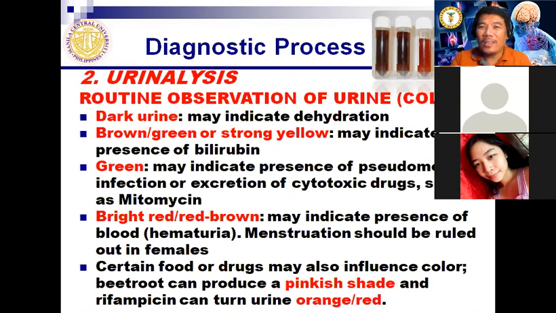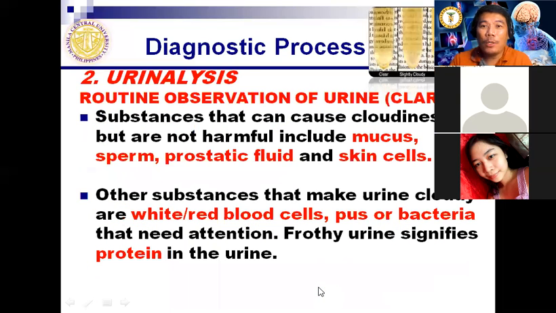Are you taking anti-TB drugs? If that information is retrieved, it will be very helpful in giving an immediate response and attention to that specific client. Next, other than the color observation, let us now proceed with the urine clarity. The clarity is the cloudiness.